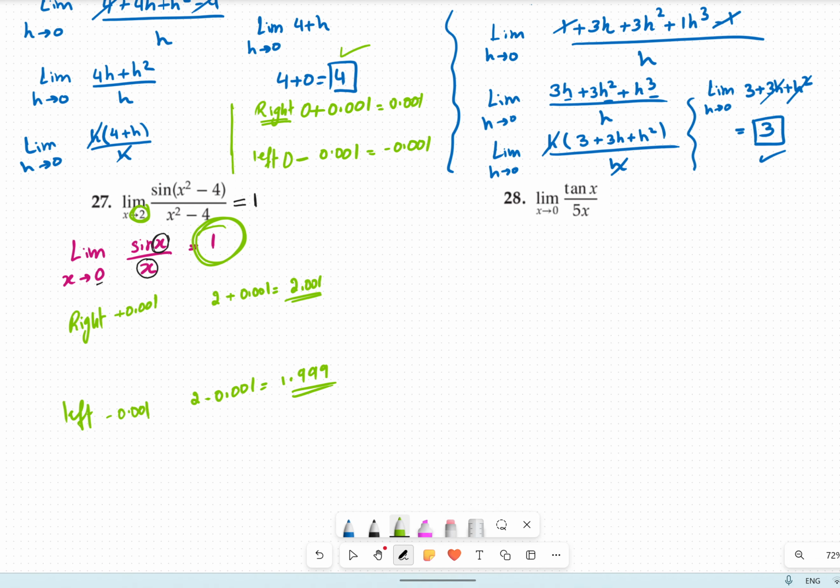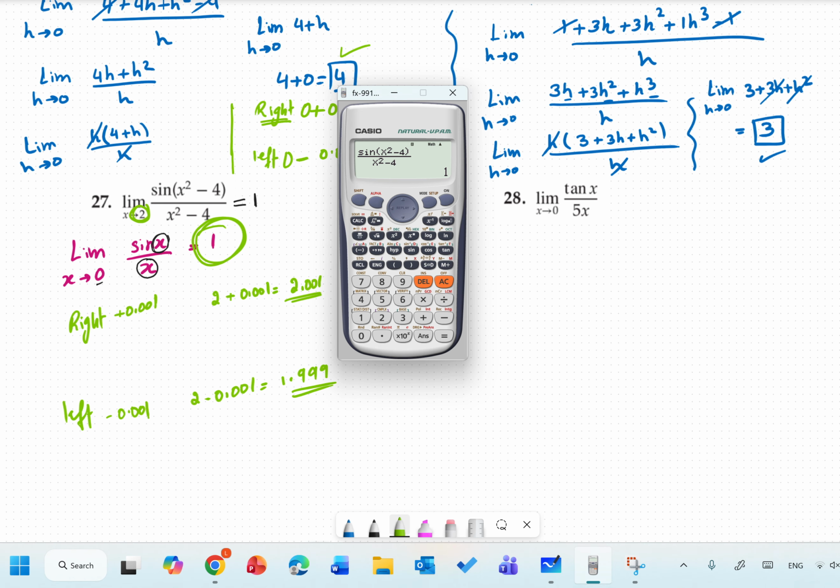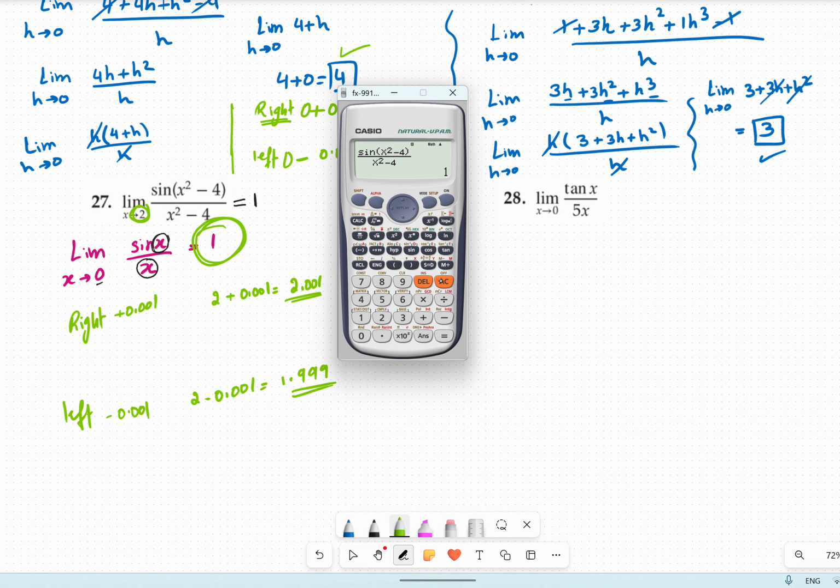Okay, question number 28. Again, you can go ahead and do this with the calculator. So here, I will write the function tan x over 5x, and I will click calculate. Now I want from the right, we are approaching 0, so I will do 0.001.